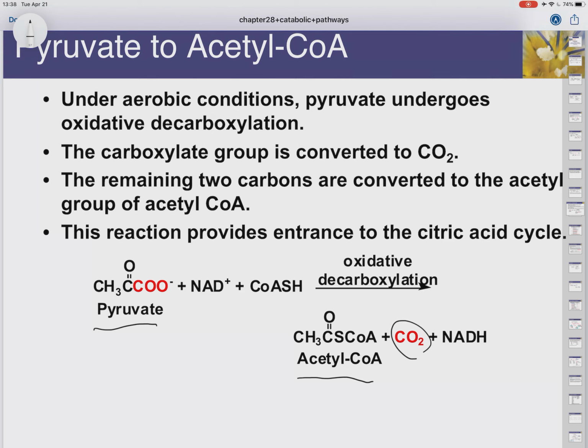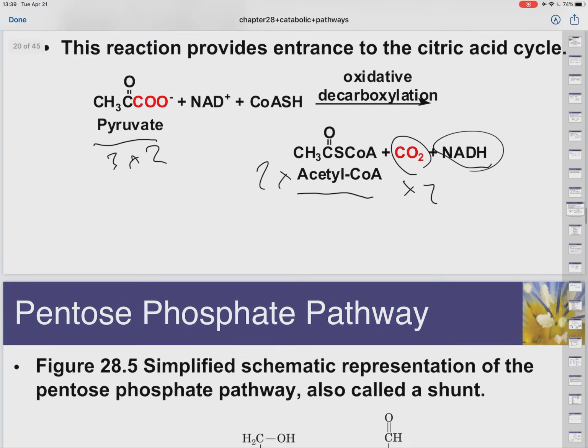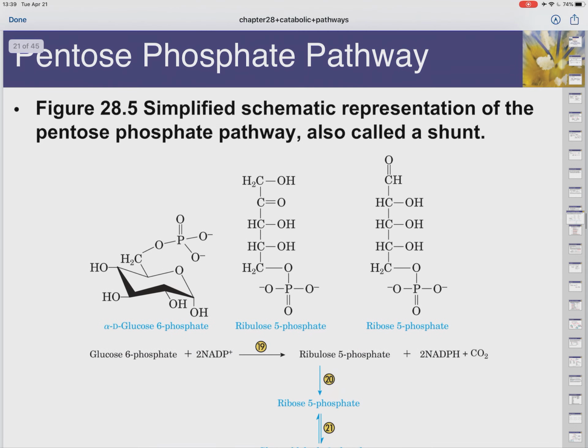Well, here they are. These pyruvates were only 3 carbons. There's 2 of them because our glucose got broken in half, remember? And then those get breathed out. 2 carbons, 1 per pyruvate. And we have 2 acetyl-CoAs. We also generated an NADH, an electron carrier, and ultimately that makes like 5 or 6 ATPs down the line.